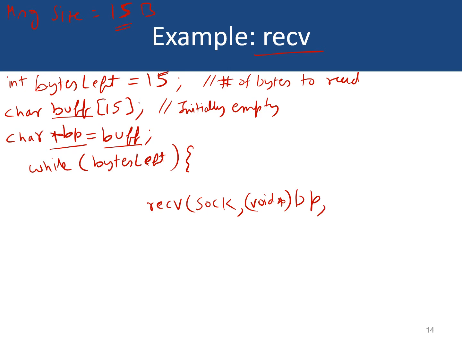Recall the third parameter in receive is the maximum number of bytes that we can receive. So that would be basically bytes left. Initially the bytes left would be 15, but as this while loop iterates a few times, this will decrease, and as it decreases, it will indicate the leftover capacity in the buffer.